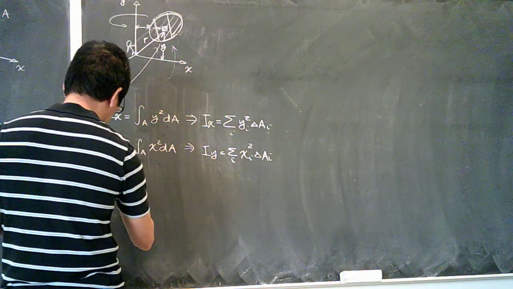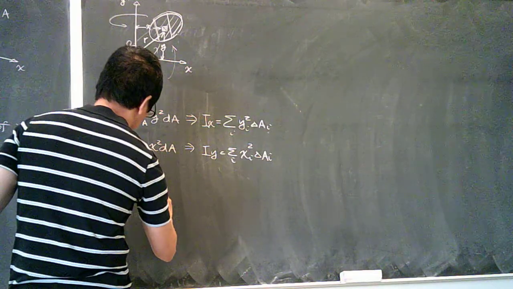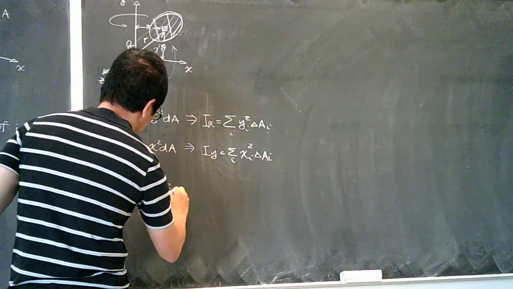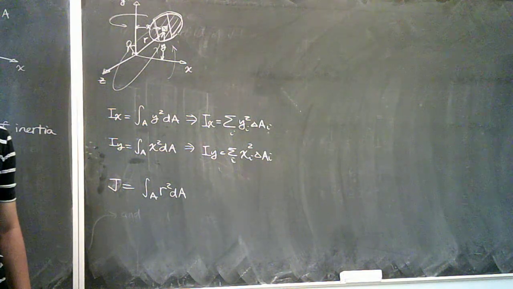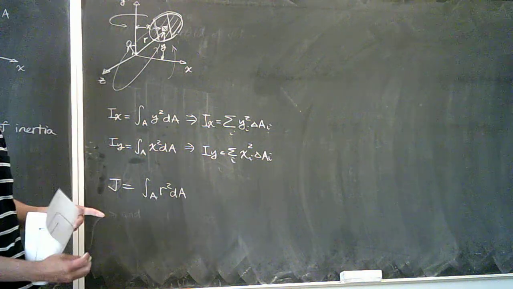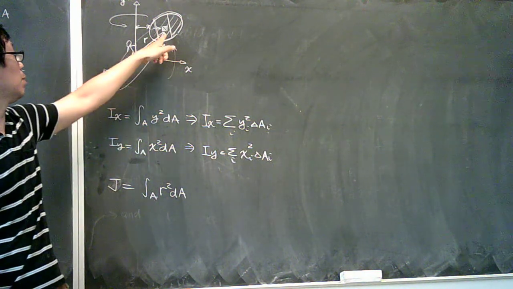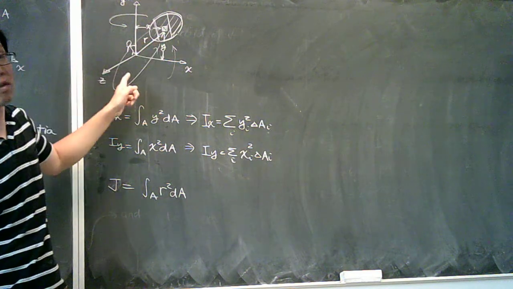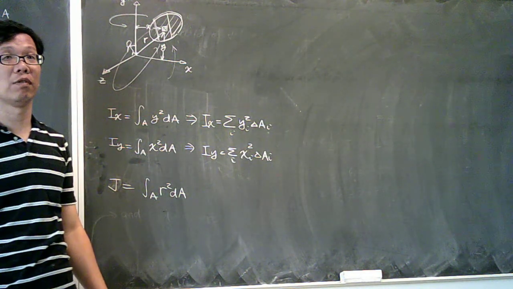Normally I would call it J this time. Does that make sense to everybody? I'm standing here, and I need to know the moment of inertia rotating around me. So nothing fancy, I just multiply dA together with the distance over here, and I get the moment of inertia.